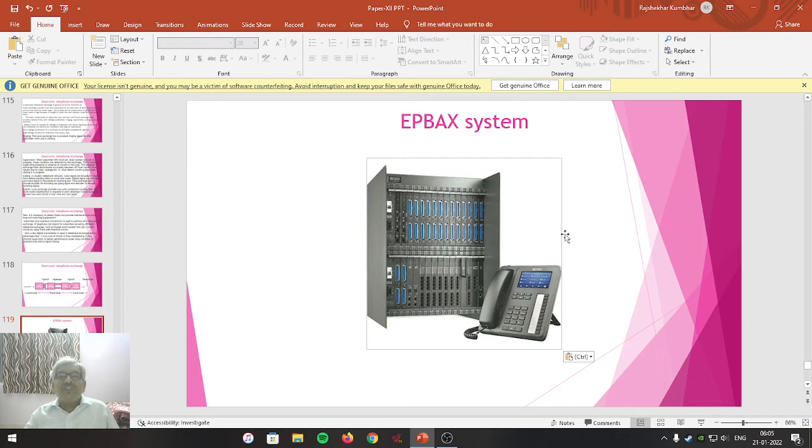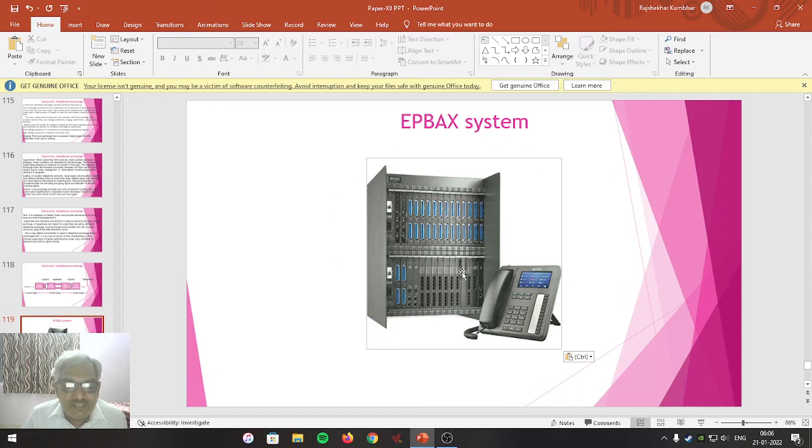Such small exchanges, we can call them automatic private branch exchanges. Friends, we can say that it is a small automatic system known as electronic private automatic branch exchange, that is EPBAX.